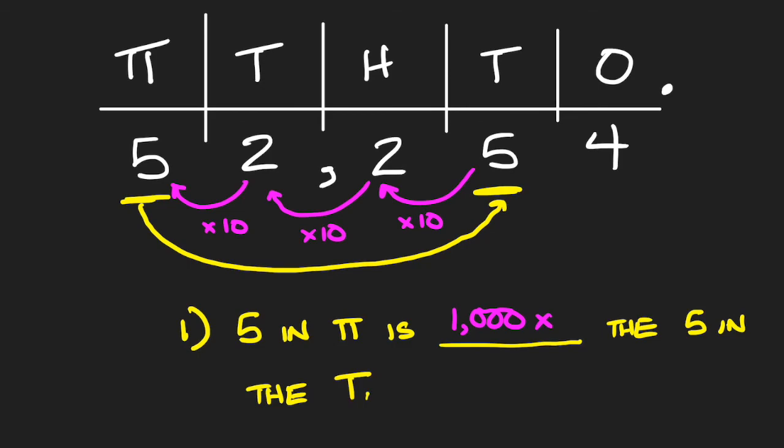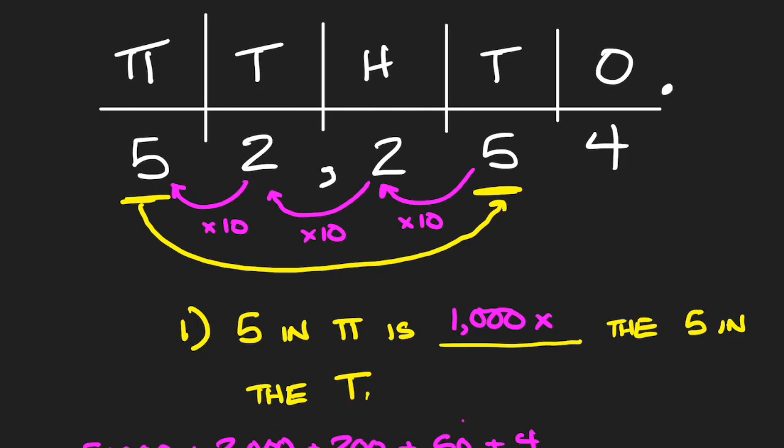Meaning, if I were to break this number apart and say, well, this number is 50,000, right? Plus 2,000 plus 200 plus 50 plus 4. That's the expanded form. I am comparing the 50 and the 50,000.